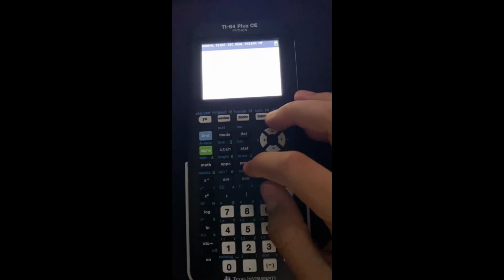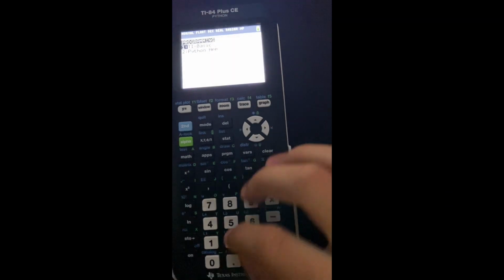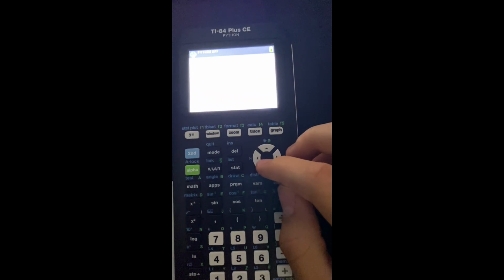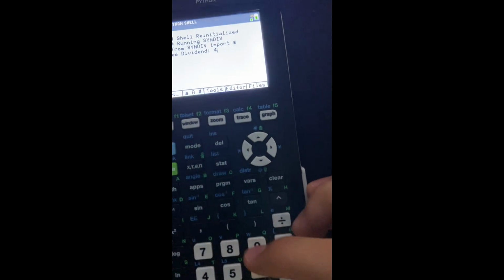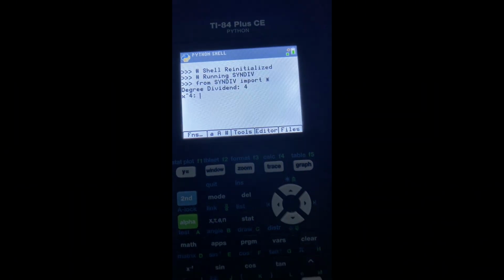So here's the actual code on a TI-84 graphing calculator. I have it named syndiv right here. Press run. Then it'll ask the degree of the dividend. That's 4, basically the same as in Visual Studio. That was 2.